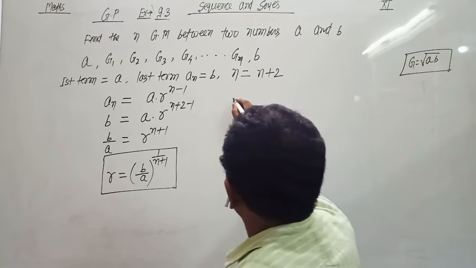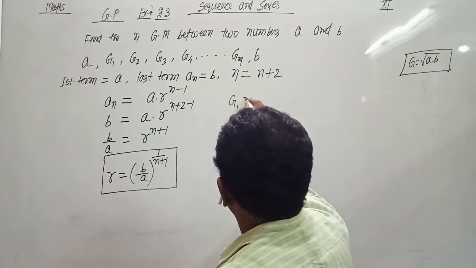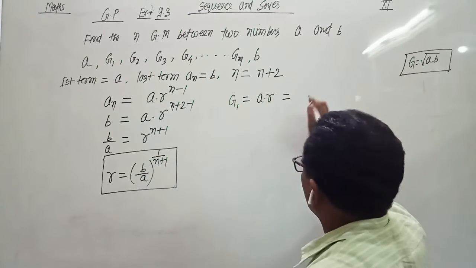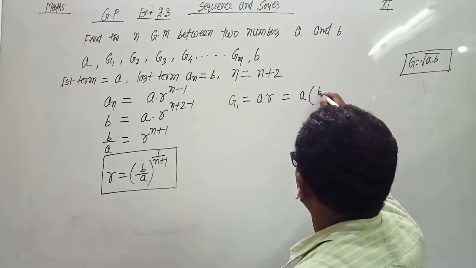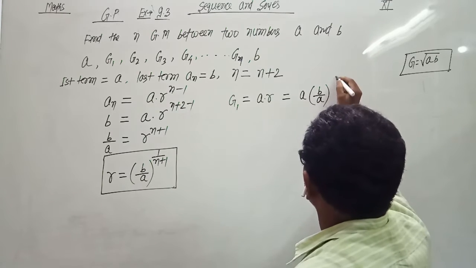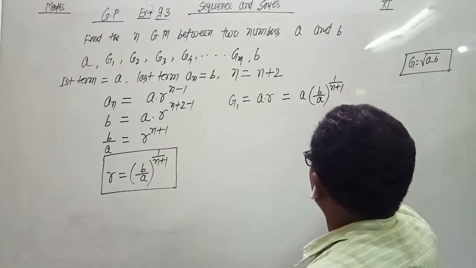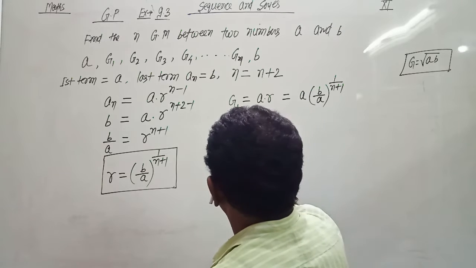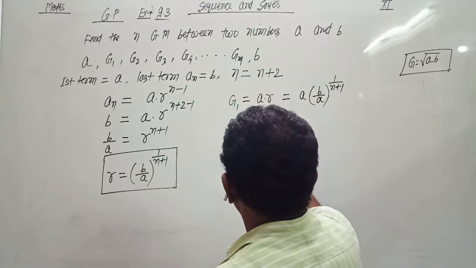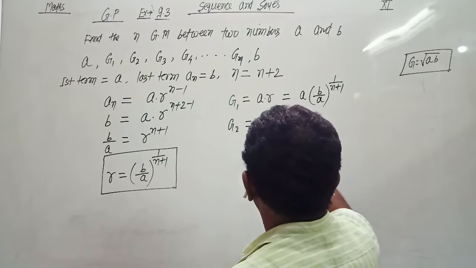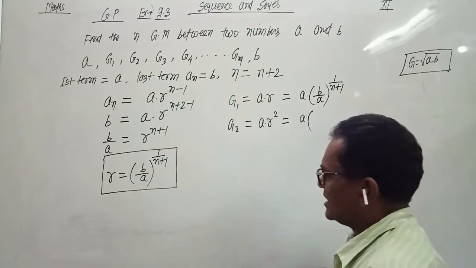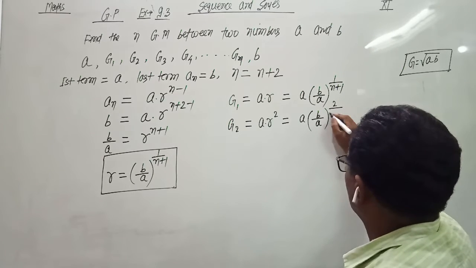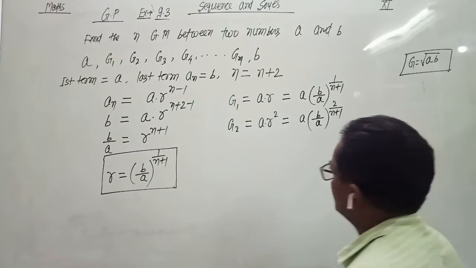Now the first geometric mean G1 is given by A into R. Put the value of R: A into B by A raised to the power 1 upon n plus 1. The second geometric mean G2 is given by A into R square, that is A into B by A raised to the power 2 by n plus 1.